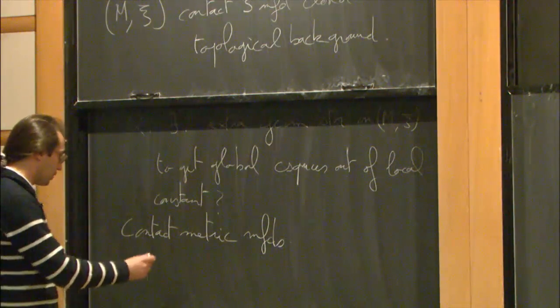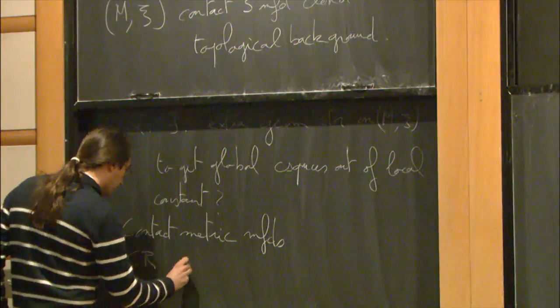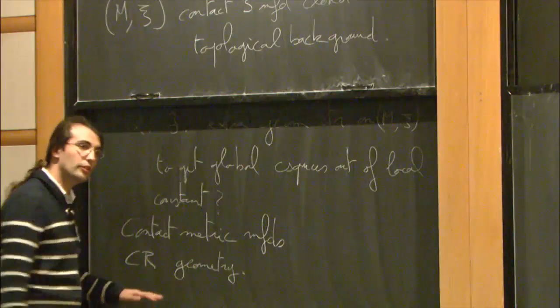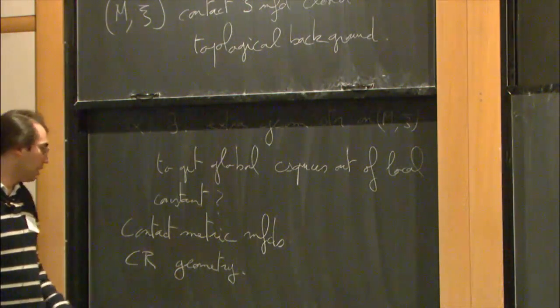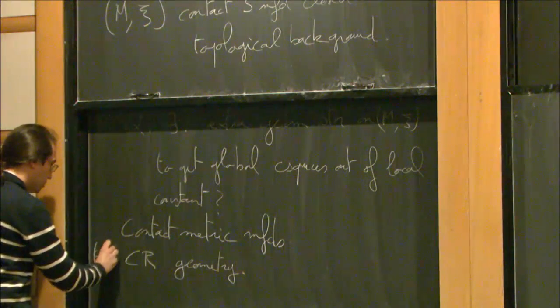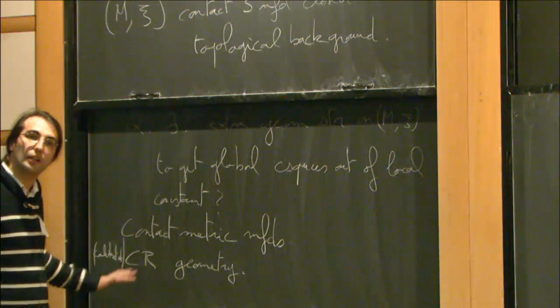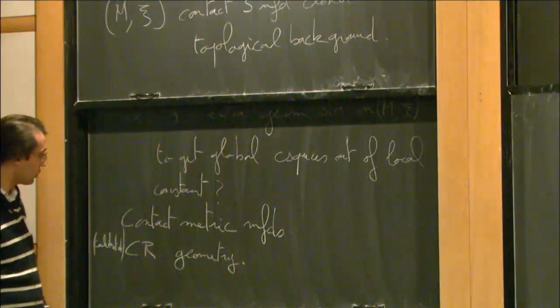But there is also CR geometry, so people doing strictly pseudo-convex CR geometry. Here the extra structure is a complex structure on the contact plane, and maybe I should put calibrated here. If you also choose a contact form, you get a calibrated CR structure.